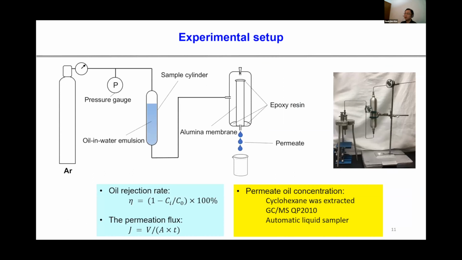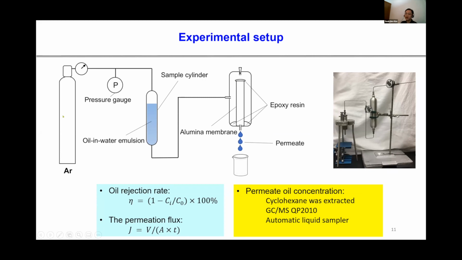This is the experimental setup in the lab to investigate the separation capability of the prepared membranes. The membrane was installed into a stainless steel cell and sealed by epoxy resin, and we checked that it is watertight. So this is a dead-end system. In the middle, we have 300 milliliters of emulsion added into the sample cylinder.